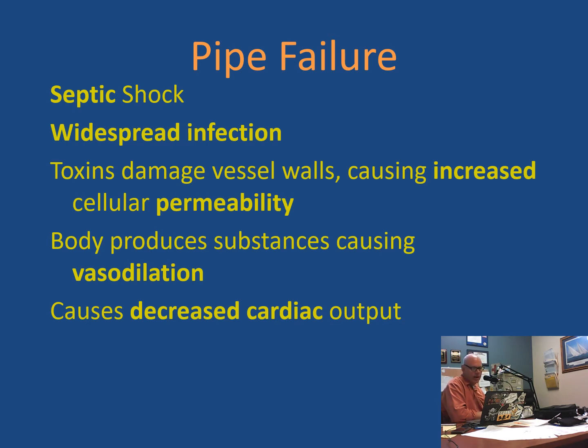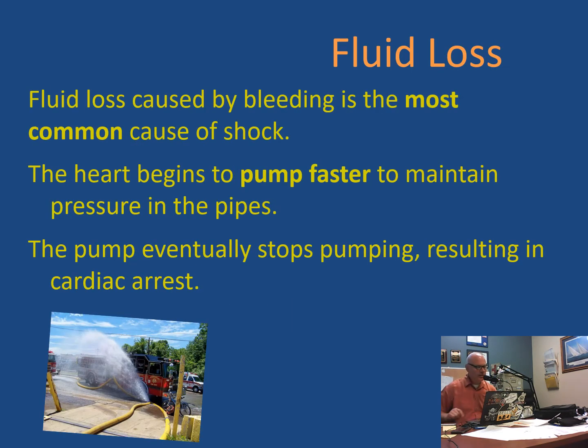You're going to be having a problem with all three things with your cardiovascular system. Pipes, pump, and product are all going to be harmed. And so the last one, and the one that we'll talk most about, is the fluid loss. When you're bleeding to death, or when you've lost your plasma, like dehydration or whatever it would be.